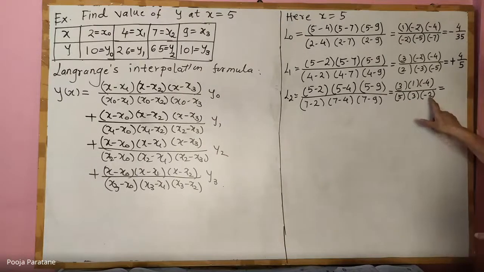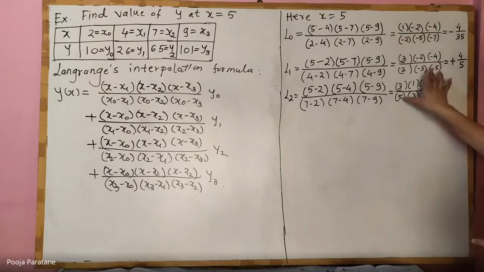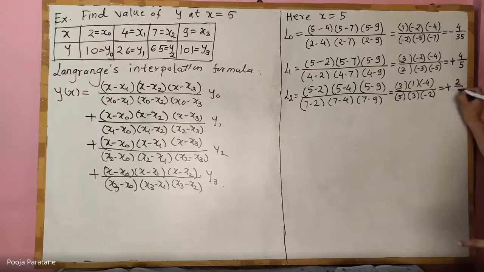Here 2, if you divide 4 by 2, it will be 2. So only 2 upon 5 is remaining, and the sign is positive. So 2 upon 5. Do not immediately make it a decimal. Do not convert it. Put it as it is, and then finally you do it. Well, it will be problematic to carry these values in the formula.